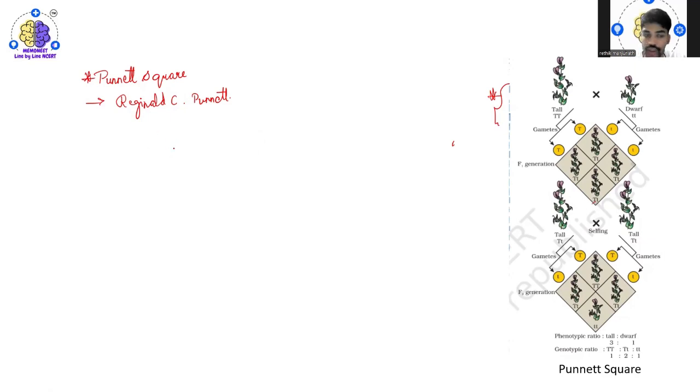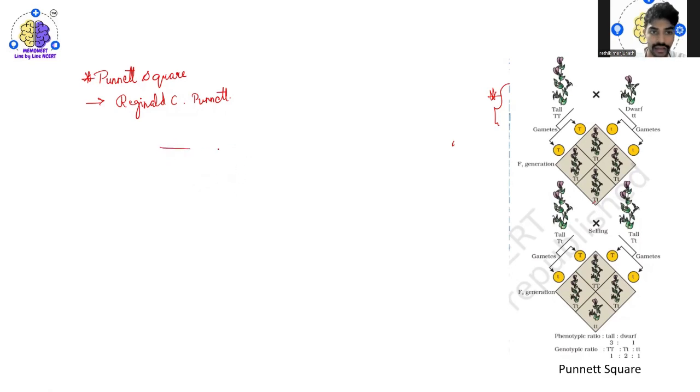Say you have capital T, small t, capital T, and small t. This is heterozygous, right?